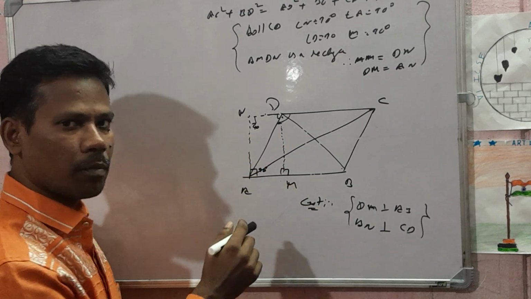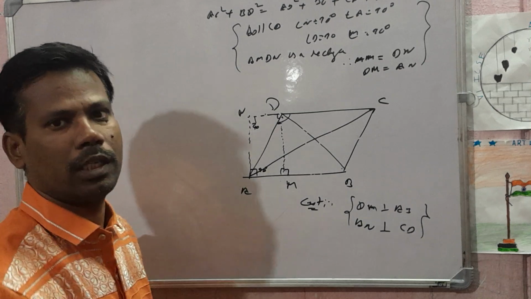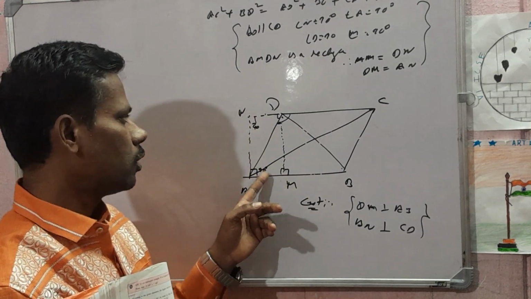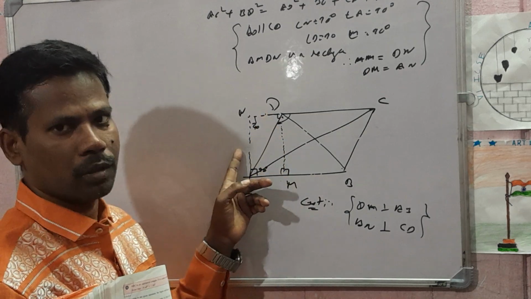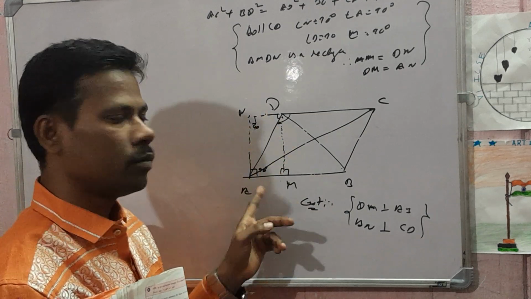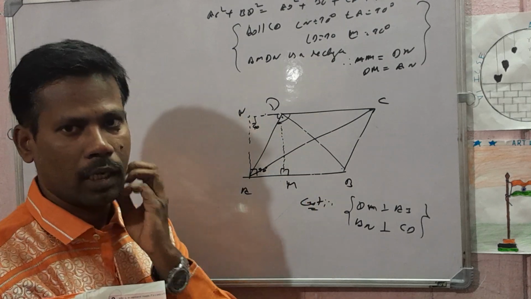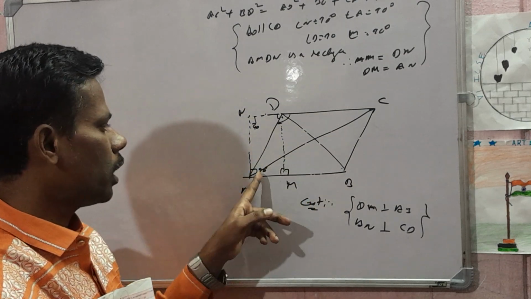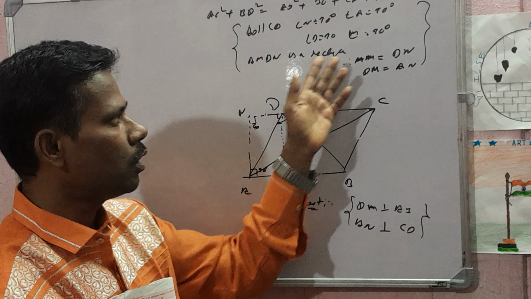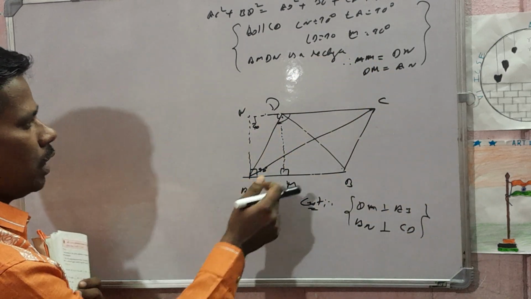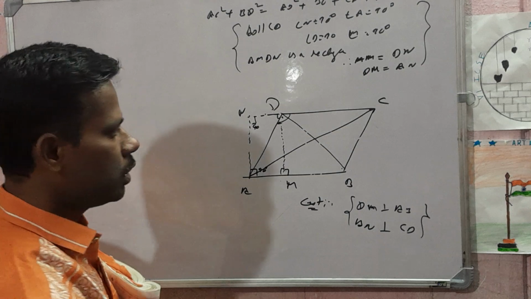So it becomes a parallelogram. A parallelogram in which one angle is 90 degrees is a rectangle. You write down all the steps which I have dictated. So therefore, AMDN is a rectangle. Now consider triangle.